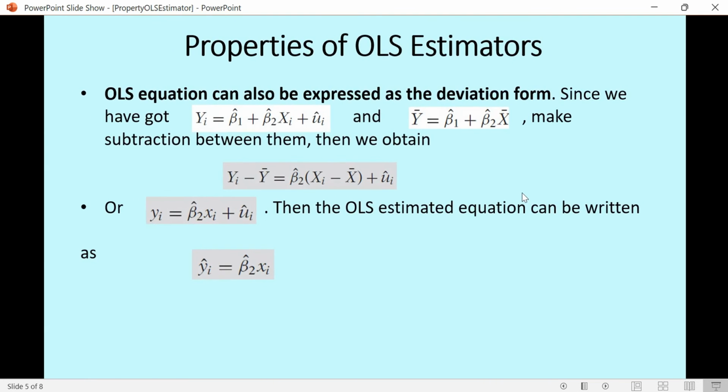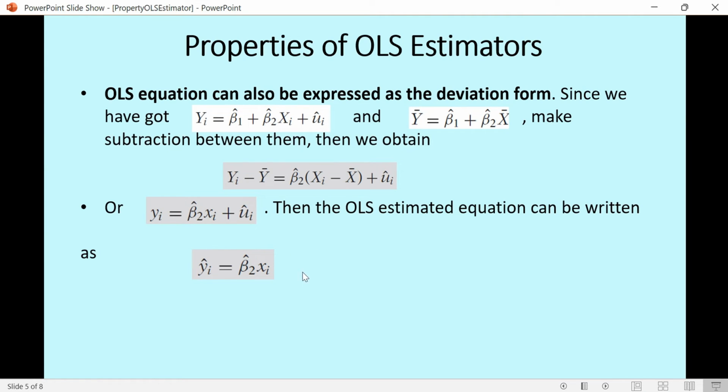So for the deviation form, we can write it as this one. This is the actual y value, and after estimation, we can write yi hat equals beta 2 hat times xi. So xi is the deviation between x and the mean value, and yi hat is the deviation of the estimated y value minus the mean value of y, right?